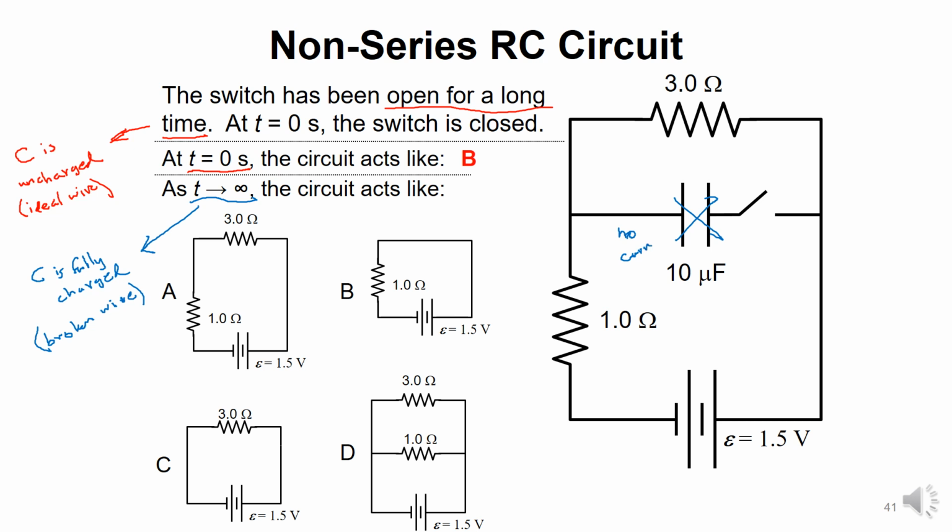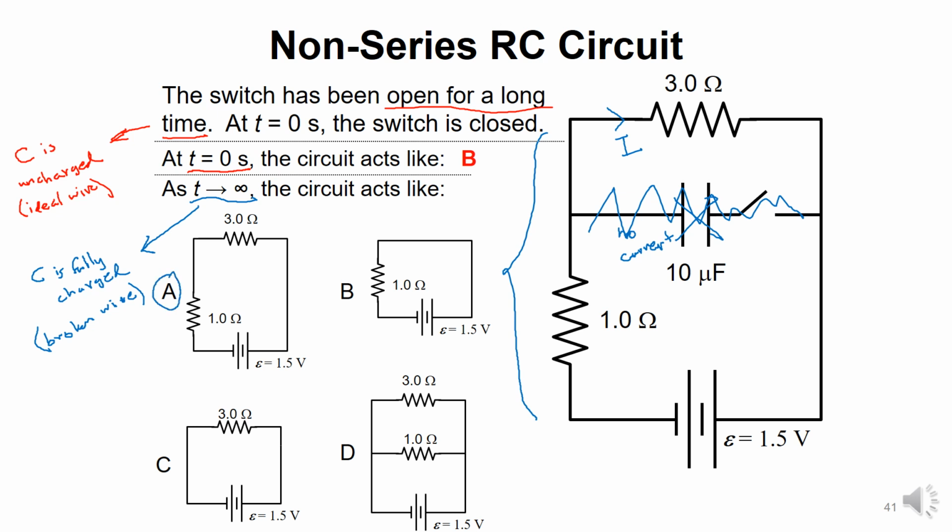Let's clear this part. So no current through the lower branch, and all current goes through the upper branch. It's like saying this lower branch doesn't exist, because there's no current flowing through it.